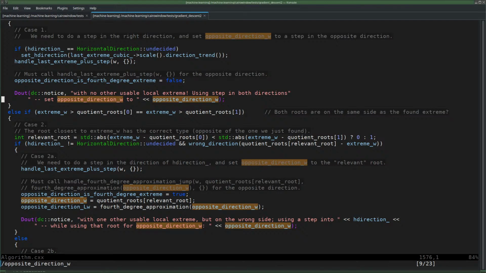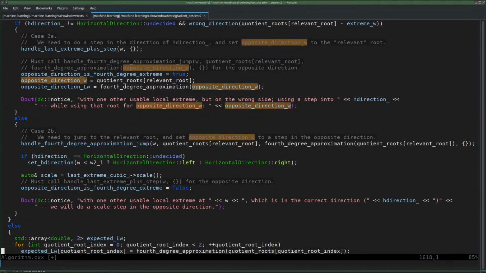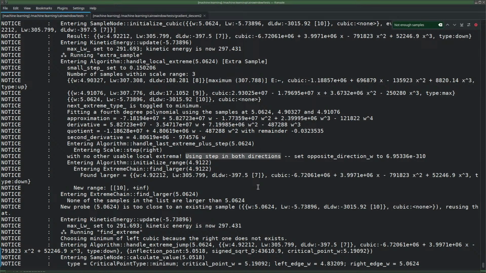This is set to false, and therefore we don't have to set it, which means that there is no reason to print it. Same thing here, see? So it's set to false and then just not printed. And then we get initialize range.